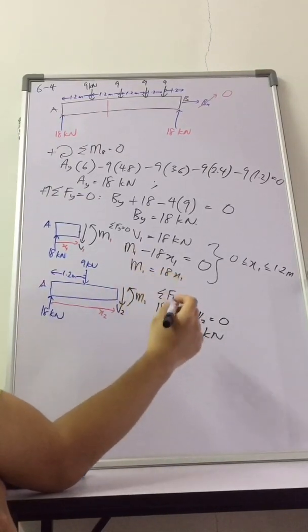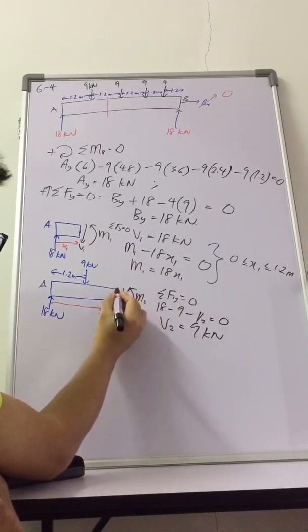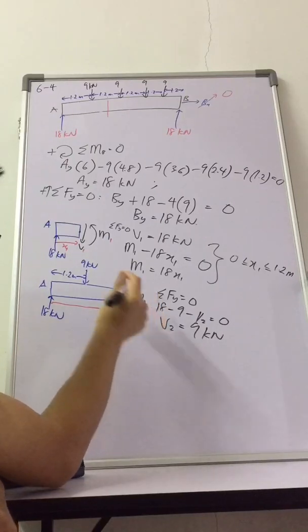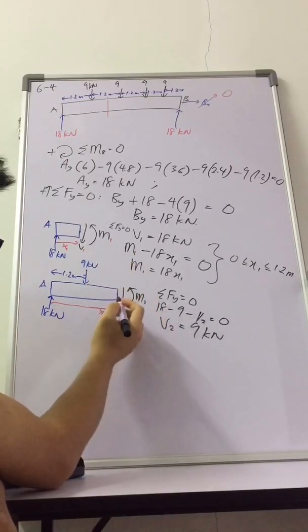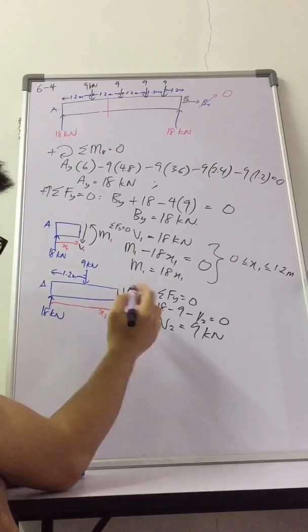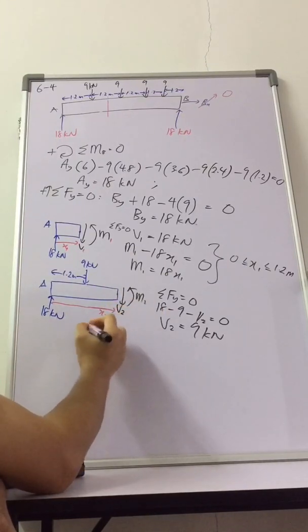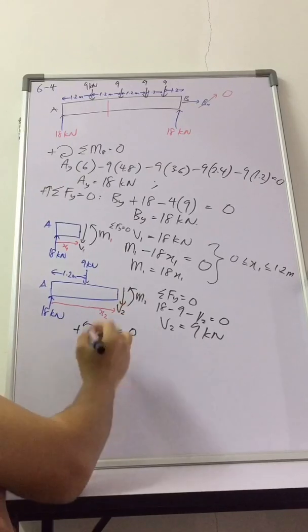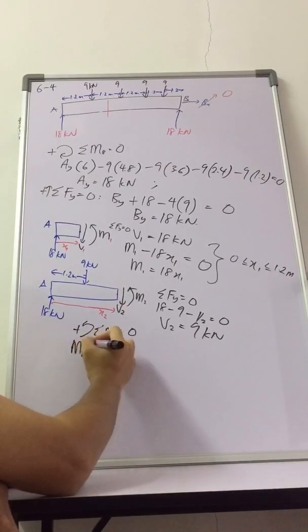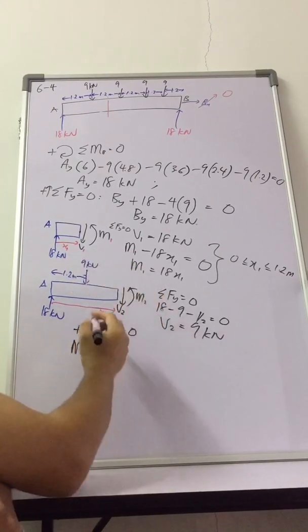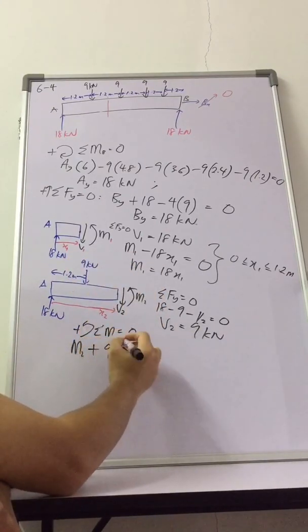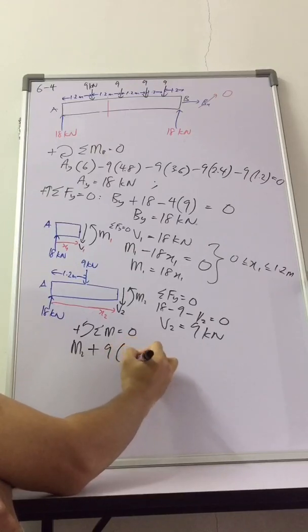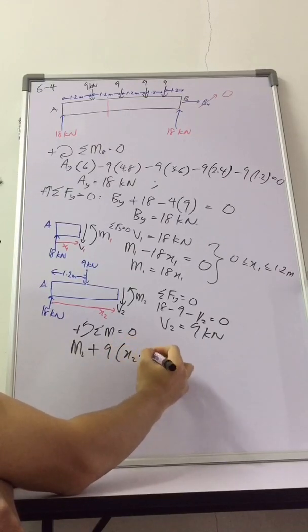How about M2? So for M2, you take the moment about the section area here again, okay? Because you can eliminate V2, V2 won't appear in the equation. So if you do counterclockwise rotation as positive, so you have M2 plus 9 times X2 minus 1.2.